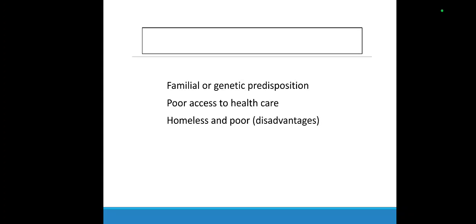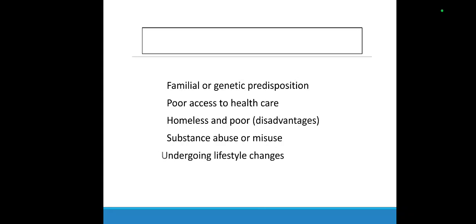We have poor access to healthcare, homeless and poor, substance abuse or misuse of any substances, undergoing lifestyle changes, victims of violence, especially any types of violence: physical abuse, mental abuse, psychological abuse. This can put the patient or a population at risk of having mental disorders or mental illness.